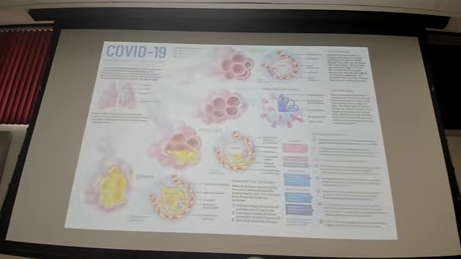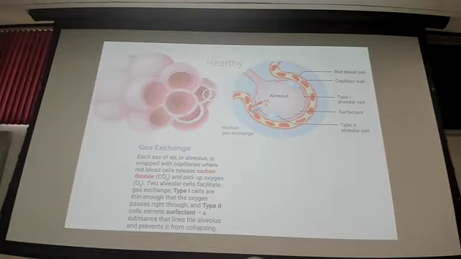This is kind of a busy little infographic, but it's worth studying in detail because I think it does a really good job of explaining what is happening to your alveoli when you get infected with COVID-2. So we'll go through this in some detail, and it dovetails nicely with where you are in A&P as well. Normally, the cells that make up the alveoli are type 1 or type 2 pneumocytes.